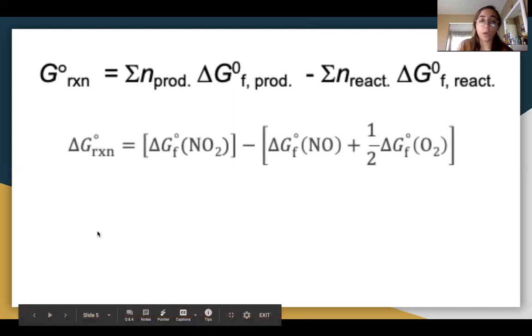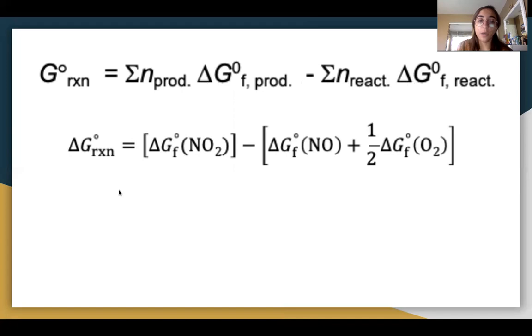So based on the equation from the previous slide, we had NO2 as the product, so we do delta G of NO2 minus delta G of NO, and we add 1/2 of delta G of oxygen. The reason we have 1/2 here is because this is the number of moles that is written in the equation.